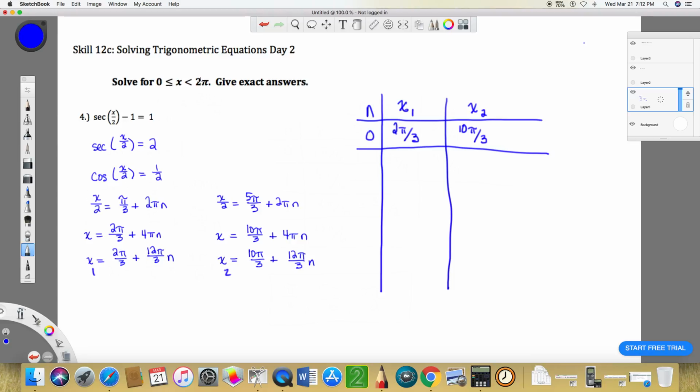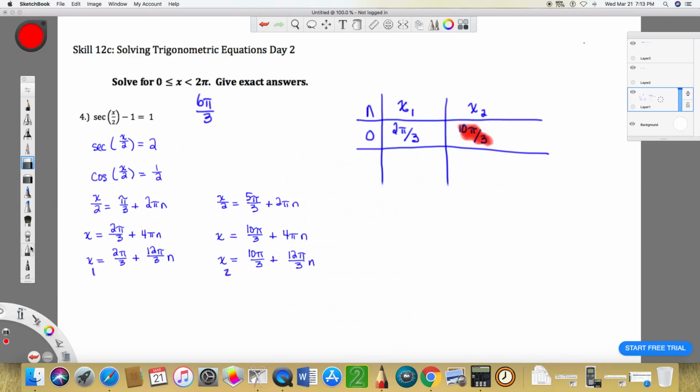Now, let's rewrite 2 pi as 6 pi over 3. Well, you can see already that this 10 pi over 3 is too big. For this horizontal stretch, that point, that 5 pi over 3 got stretched out beyond 2 pi. So we're not going to include it in our answers.